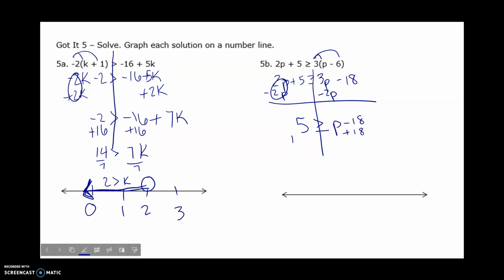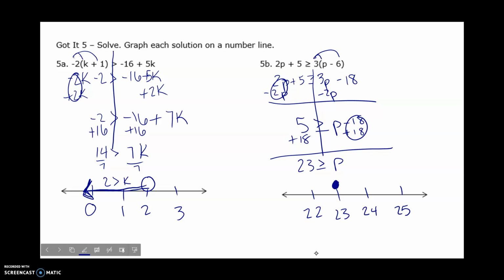Go ahead and add that 18 to both sides. 23 greater than or equal to p. We are going to have a closed dot because of that or equal to line. P is less than or equal to 23, smaller. So again, we're going to the left. I hope this has helped.